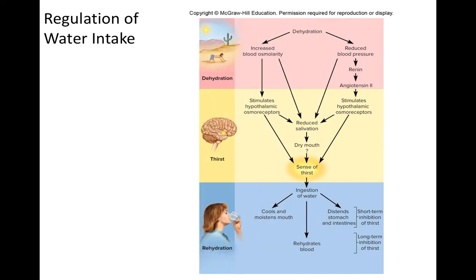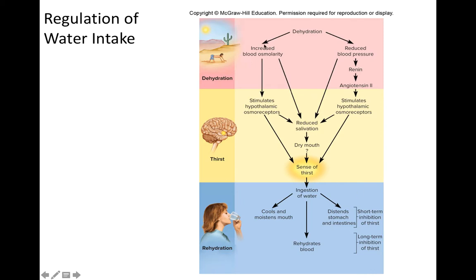So the regulation of intake is going to be based on two different triggers, if you will, both of which we've already talked about. If we see a drop in blood volume that causes a drop in pressure, it's going to activate the RAS system. And one of the effects of angiotensin II was to increase your sense of thirst, which then is going to drive you to seek water.